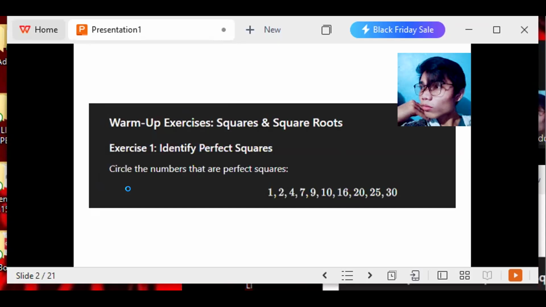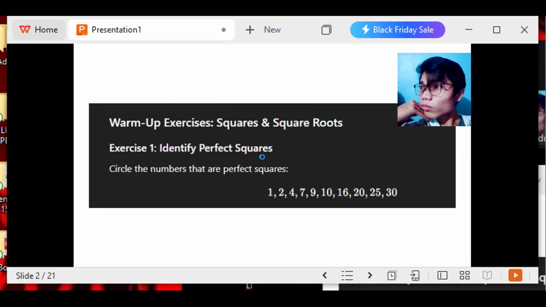I want you to identify the perfect squares in this set of numbers. First, find the squares in this set of numbers: 1, 2, 4, 7, 9, 10, 16, 20, 25, 30.